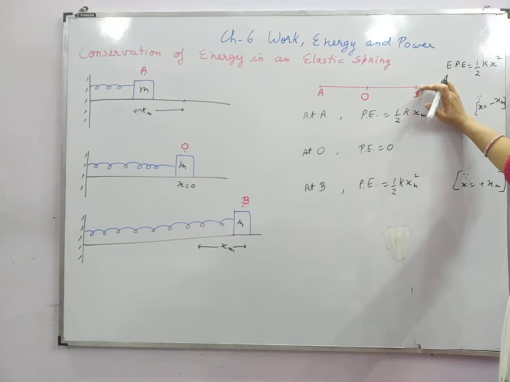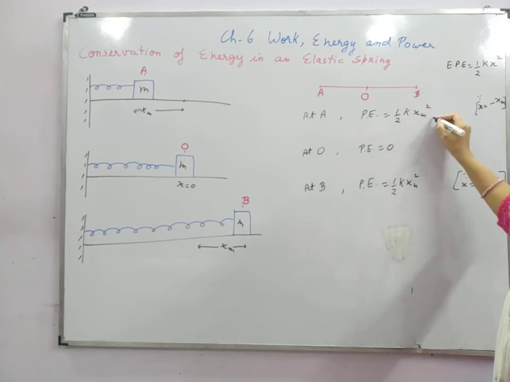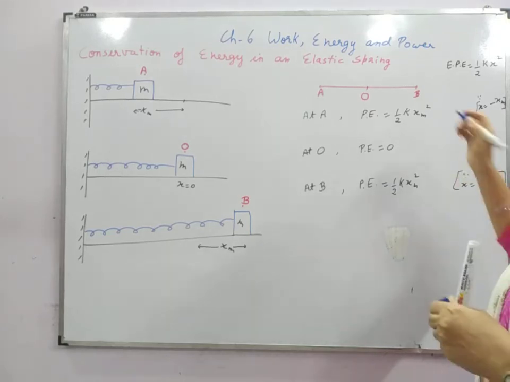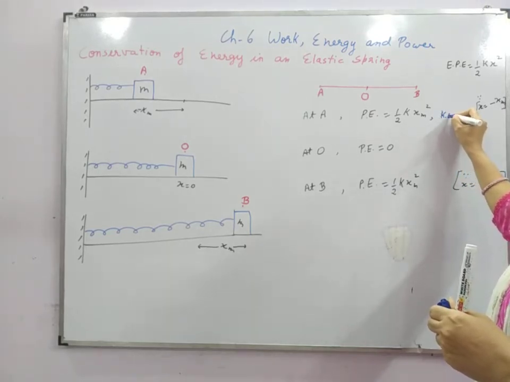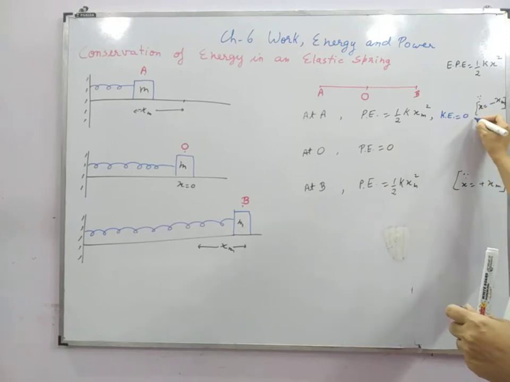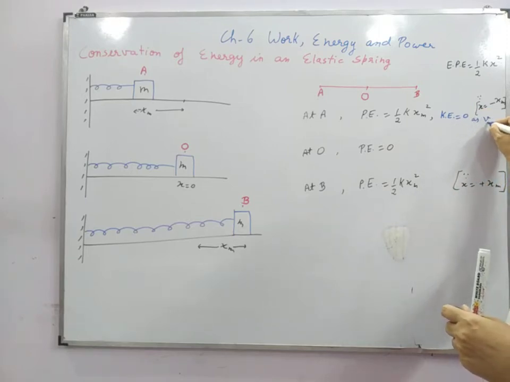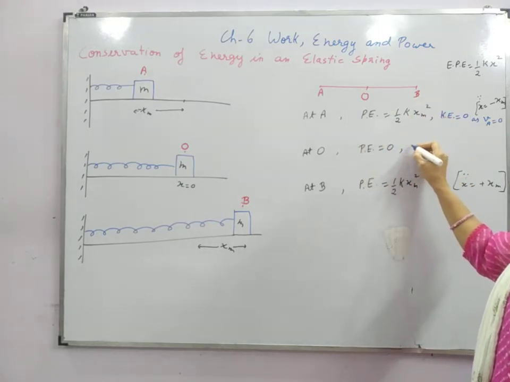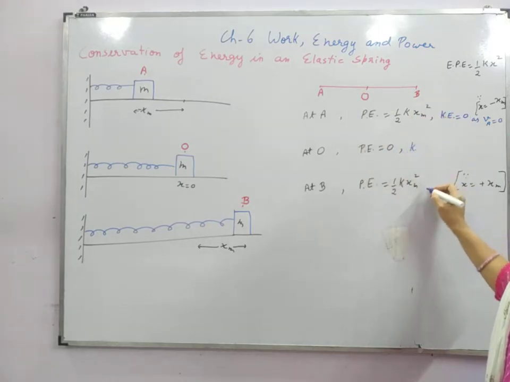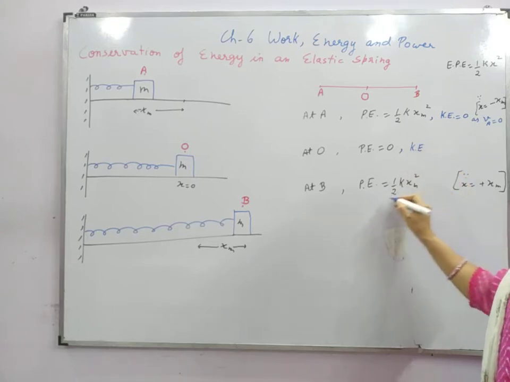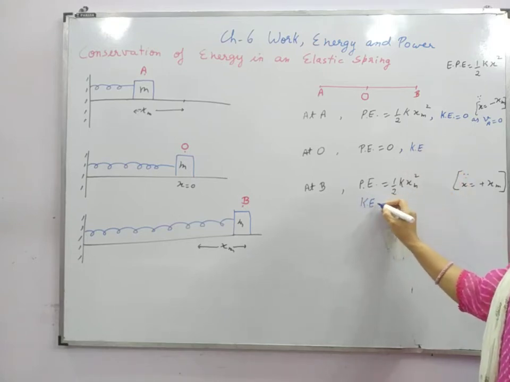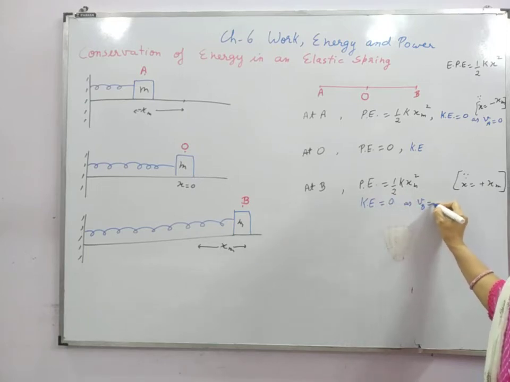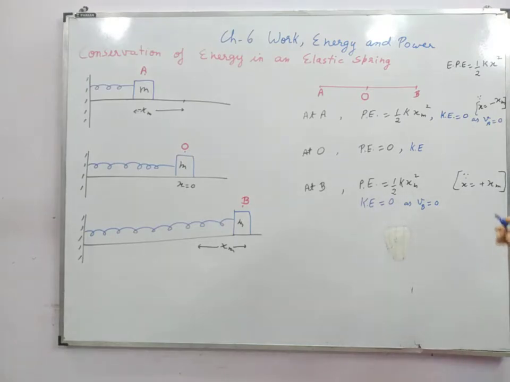At the extreme, the velocity is 0, so I can say that at point A and point B the kinetic energy will be 0, as the velocity at A is equal to 0. That's why it is returning back. Similarly, at B the kinetic energy is 0 as the velocity at B is 0, right?